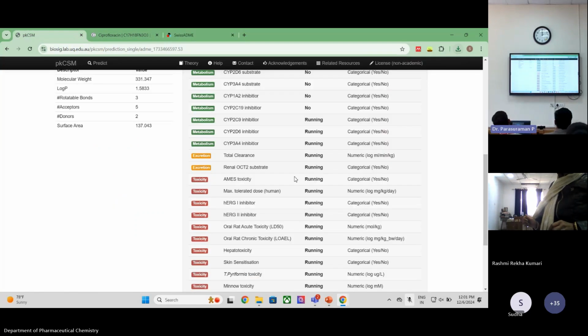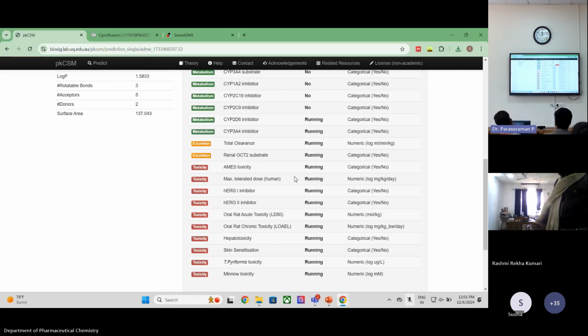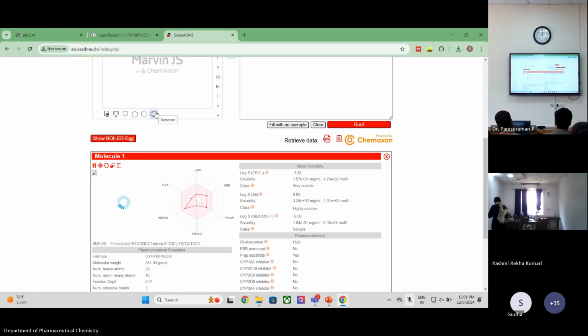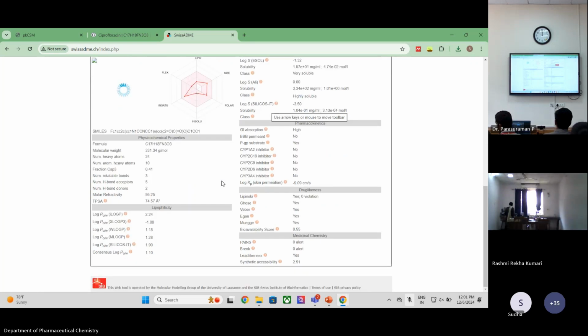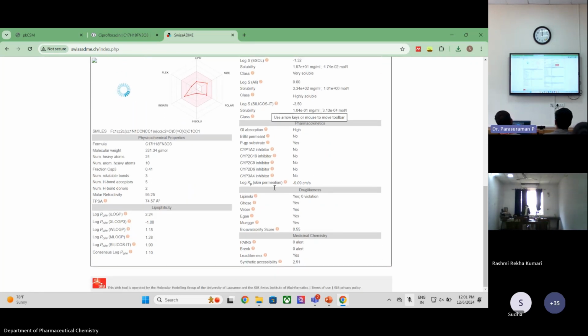Now we'll go to pkCSM. It is still running. So which is fast? SwissADME. In SwissADME, you can see even the drug likeness. You have different rules, including Lipinski rule, Ghose rule, and all.